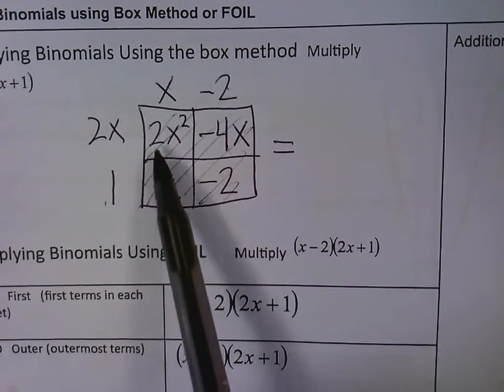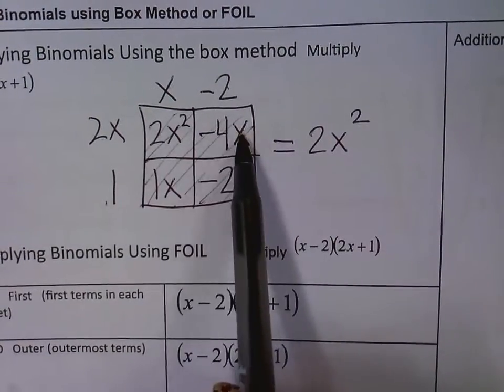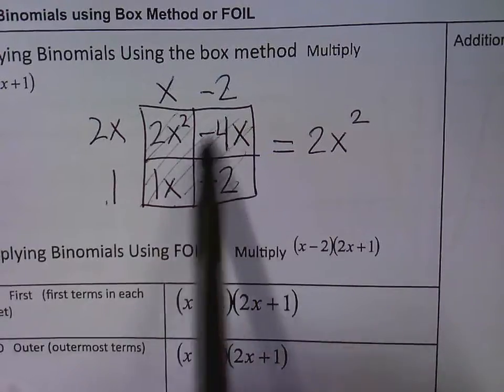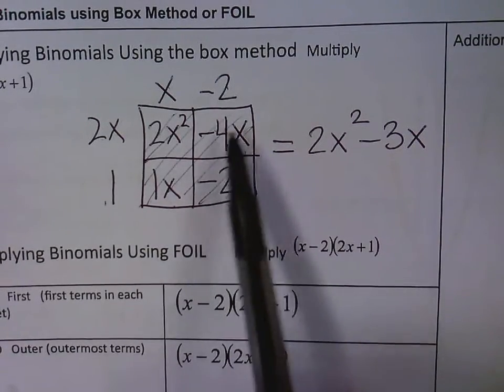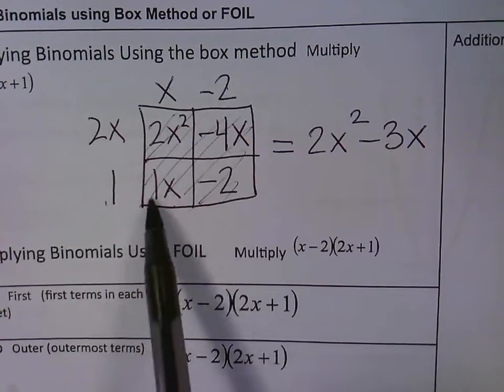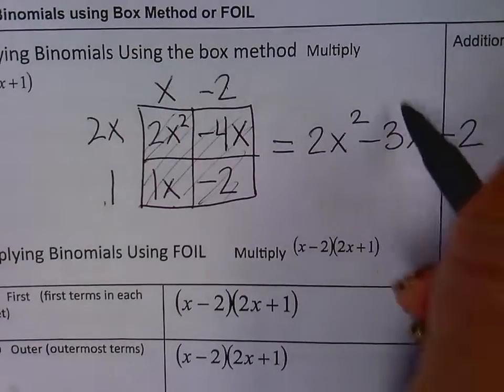I really have 2x squared, and then I have negative 4 plus 1 x's. So I really have negative 3 x's altogether if I add them up. Right? Negative 4 apples plus 1 apple would be negative 3 apples. And then minus 2 is my constant.